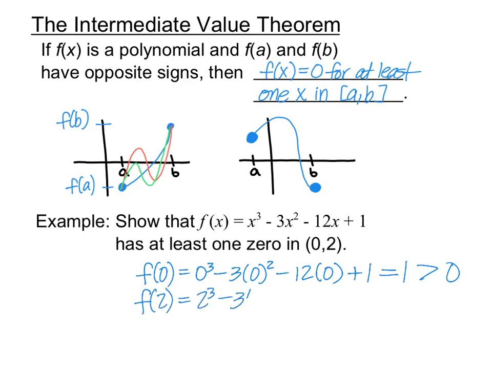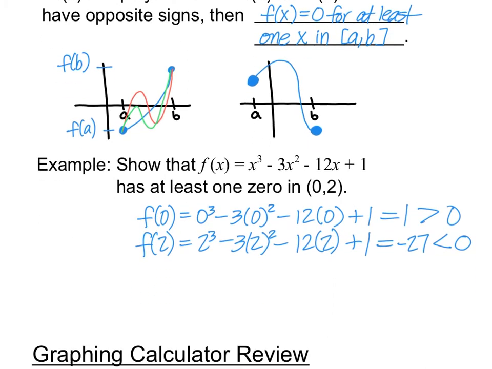Now, let's see what f of 2 is going to be. All right, so we have 8 minus 12, which is negative 4. Negative 4 minus 24 is negative 28. Plus 1 is negative 27. Oh, this is negative. And so, here's the conclusion.